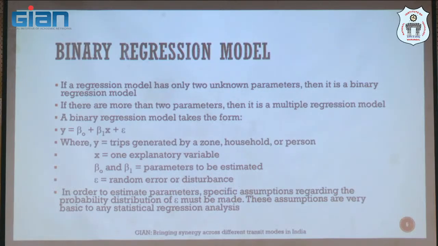So what we are seeing is there is a population value for the coefficient, but because we are taking a sample of observations, we are trying to get as close to the population value as possible, but recognizing that there is some variability in the coefficients. So in addition to evaluating the value, we also would like to estimate a confidence interval on the parameter.